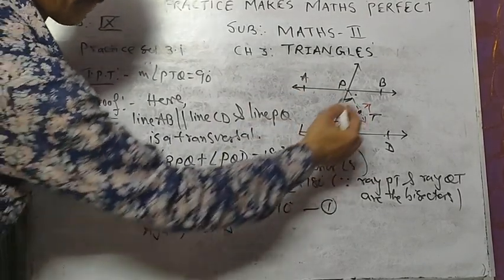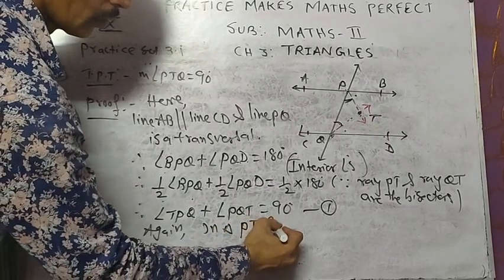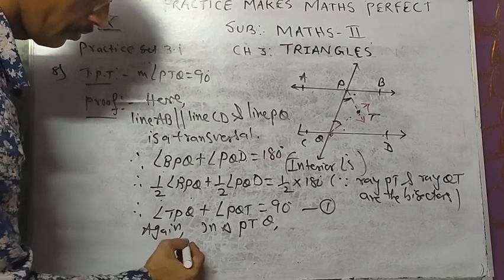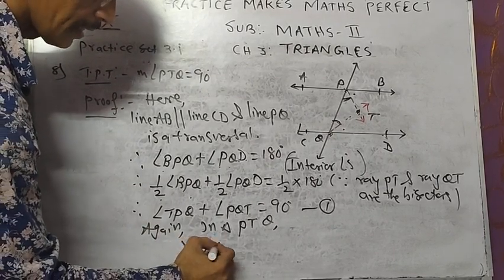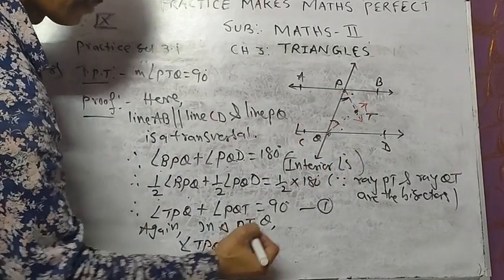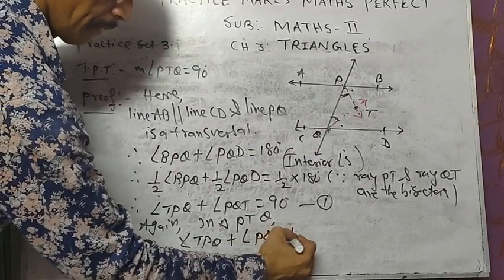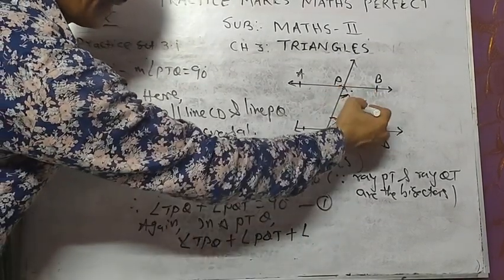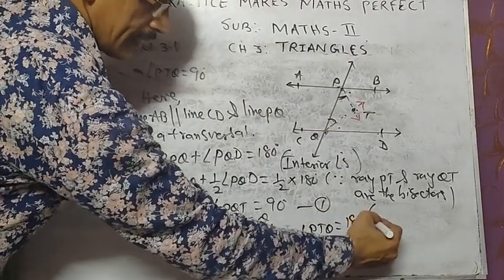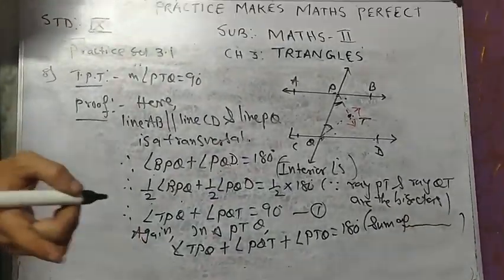In triangle PTQ, you know sum of the measure of three angles. Okay. Therefore, angle TPQ plus angle PQT plus angle PTQ is equal to 180 degree. Reason: you know, sum of the measures of angles in a triangle.